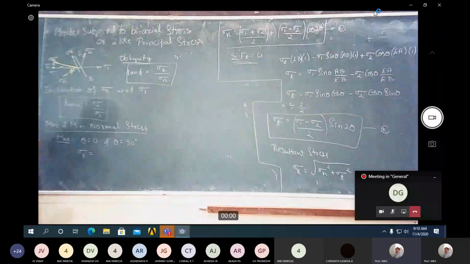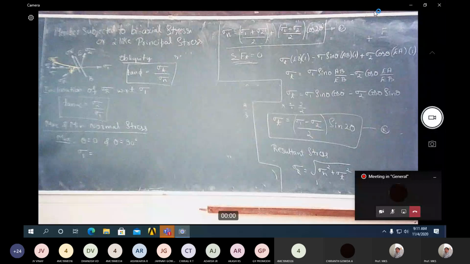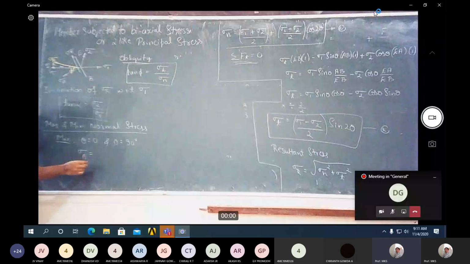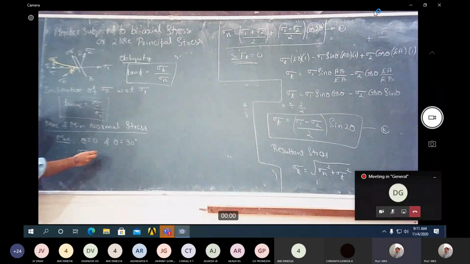If you substitute theta equal to 0, then sigma n will be equal to what? Sigma 1.